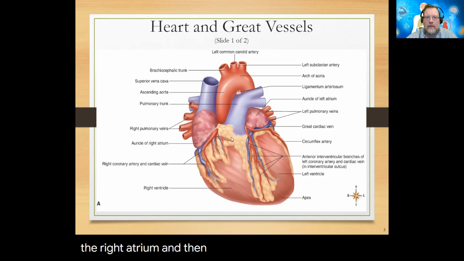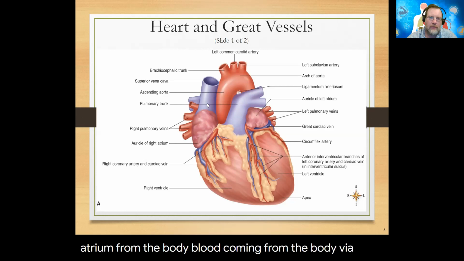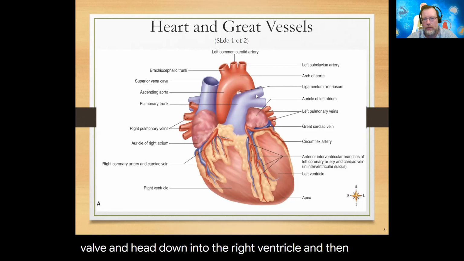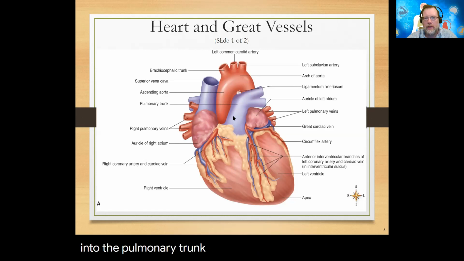And then, the right side pump: right atrium, blood coming from the body via those vena cavae. Then we pass through the tricuspid valve and head down into the right ventricle and then out into the pulmonary trunk and these pulmonary arteries heading to the lungs.